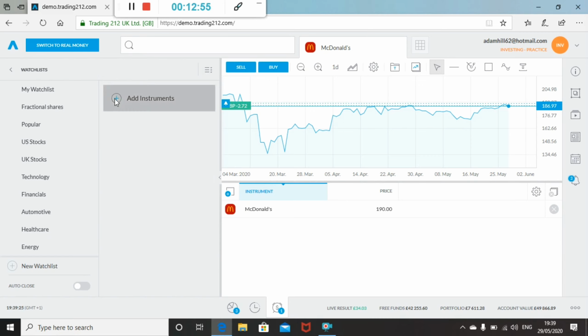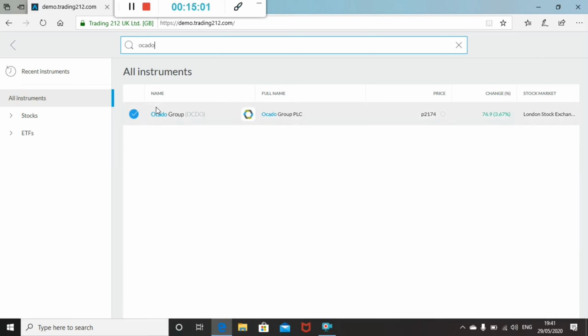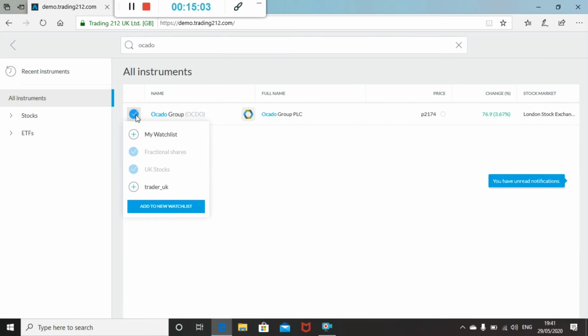And then click on add instruments to add products to that particular watch list. A couple of products that I've mentioned recently on the channel would be Ocado. So if you tick on the blue tick, you can then add to the Trader UK watch list.